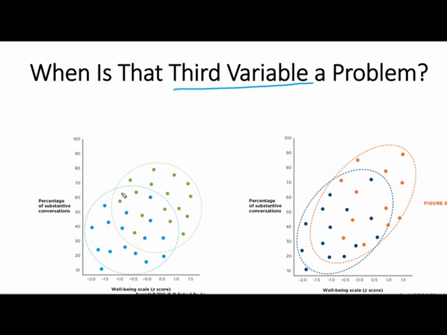Could education level have something to do with both A and B, and then C would be our education? Ooh, that looks awful, but C is education. And so if we break down the data, these are going to be two examples of ways that this data could turn out. But we'll look at this one first.